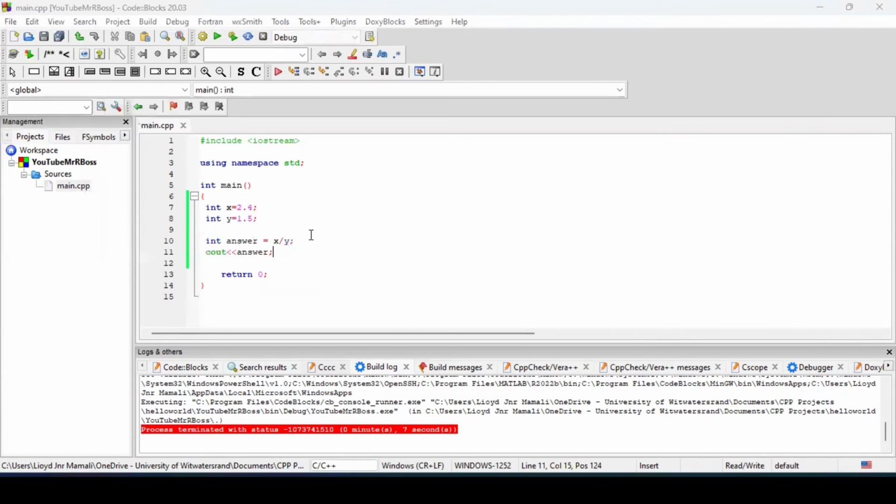However, we both know that 2.4 divided by 1.5 is not 2. If I can just calculate it, 2.4 divided by 1.5 is 1.6.